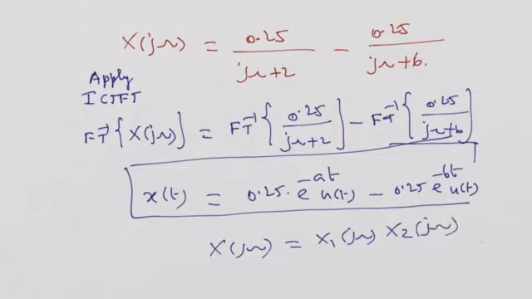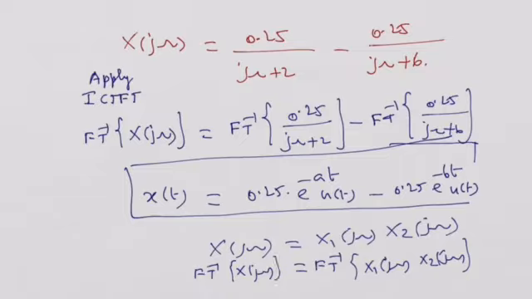So if you go back to the last slide, X of j omega is simply the product of X1 of j omega and X2 of j omega. So when I do the inverse Fourier transform on both sides, X1 of j omega multiplied with X2 of j omega means that I'm applying the inverse Fourier transform on X of j omega. So when you ask me to rewrite, I'll write x of t, which is actually the result of convolution, isn't it? x1 of t convolved with x2 of t, right?